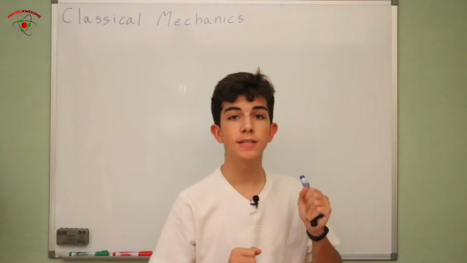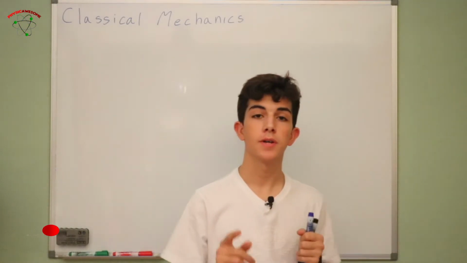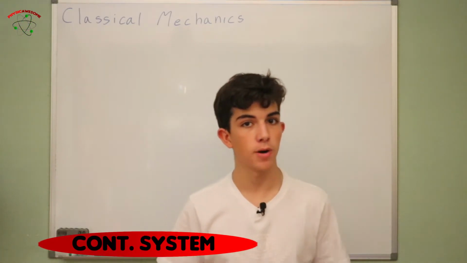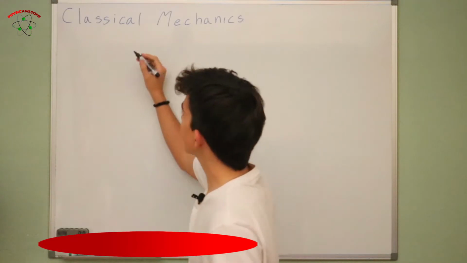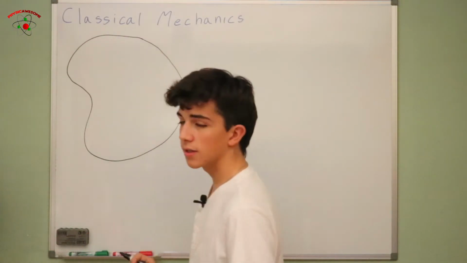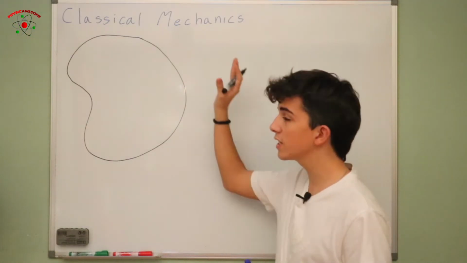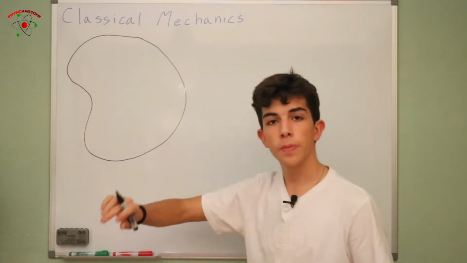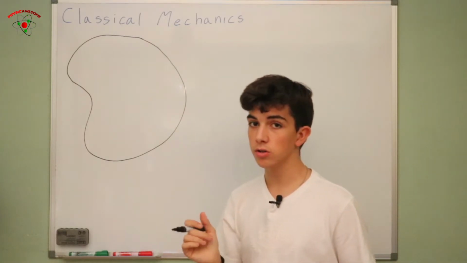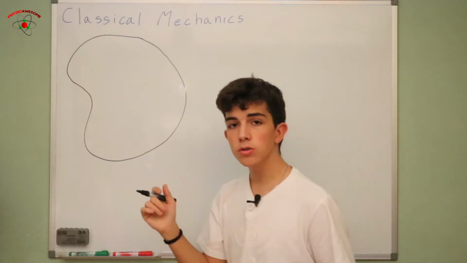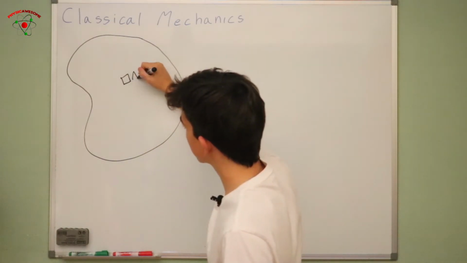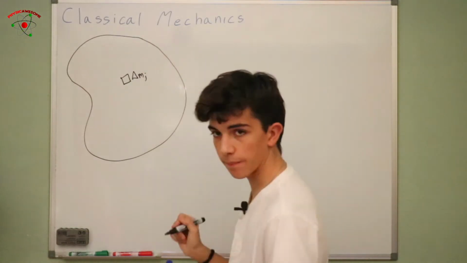Great, now let's generalize this notion of center of mass to continuous systems of particles. Once again, we're going to have this blob of mass, but now it's going to be a continuous system. So instead of taking small m_j particles, we're going to take small elements of mass such as delta m_j.